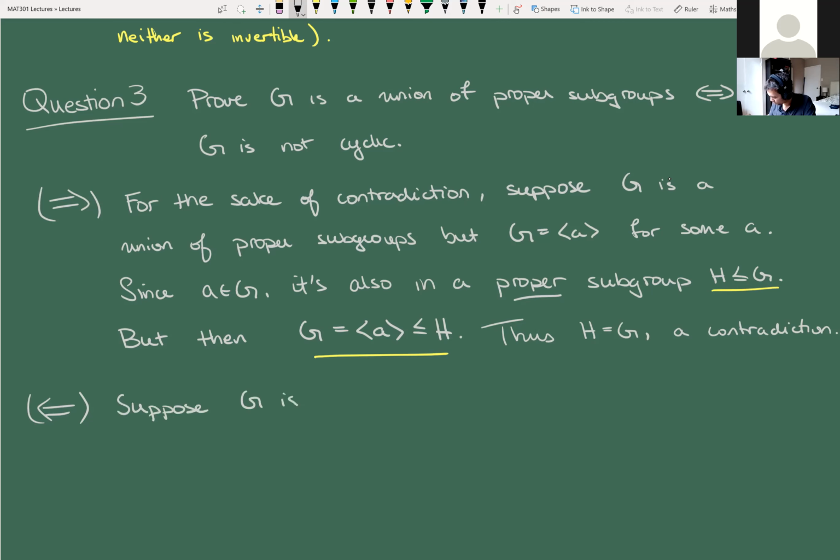G is not cyclic. Okay, and let's just choose any element in there. Let's call it A1 in G. So in particular, the subgroup generated by A1 is not the whole group.